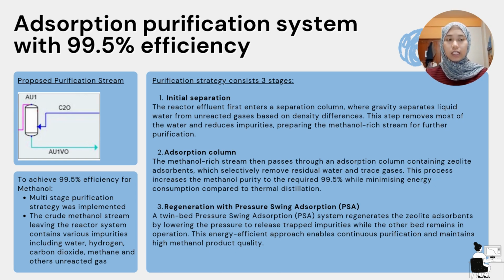The next stage is the adsorption column. The methanol-rich stream passes through a column containing zeolite adsorbents, which selectively remove residual water and trace gases. This increases the methanol purity to the required 99.5% while minimizing energy consumption compared to thermal distillation.